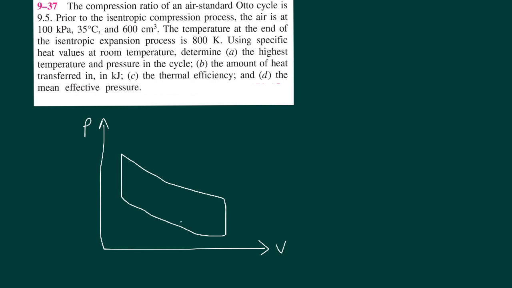So the process starts with the compression at state 1 until it reaches your top dead center, which is state 2.